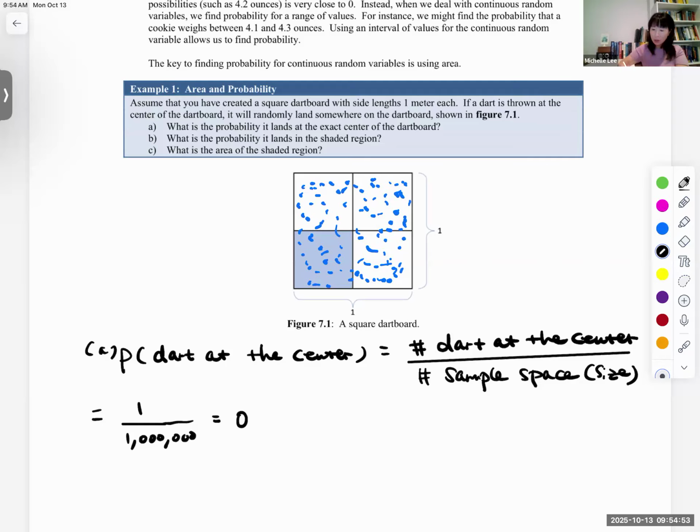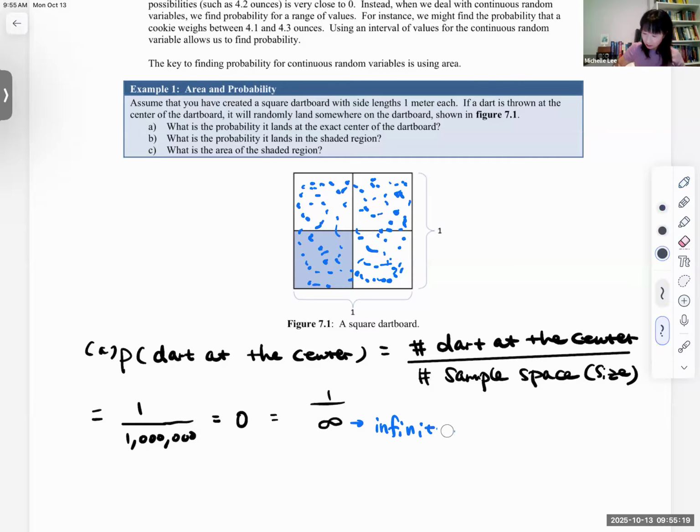So we say 1 million, but then there are infinitely many, right? So 1 over this symbol, infinitely many sample size. An infinite number, basically.